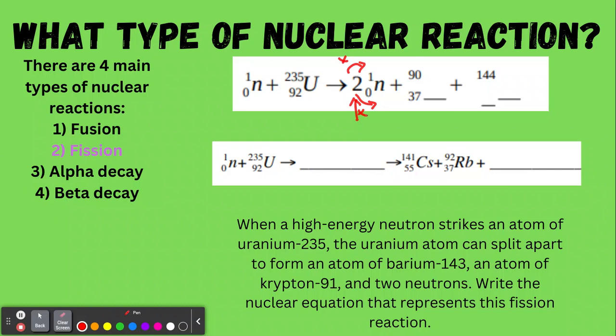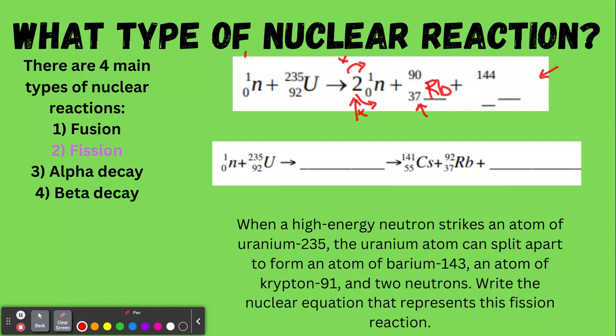Okay. So in this case, I know that I have a blank here, but I also know that it already tells me that it's 37. So I can go ahead and look on the periodic table and see that 37 is rubidium. So Rb. Now, this one I do not know yet. This one over here, I do not know yet. So I have to balance to figure that out. Okay. So I'm still going to do my equation.